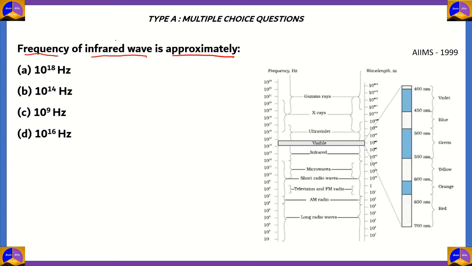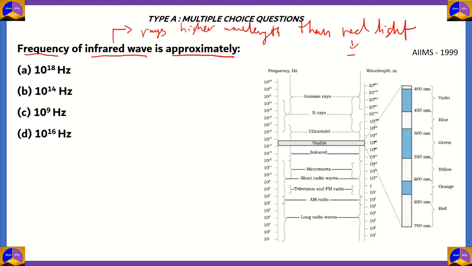Now, infrared waves are the rays which have higher wavelength than red light. So these are just above red light. So if red light has a wavelength of 7,000 angstroms, then infrared rays will have a wavelength greater than 7,000 angstroms.